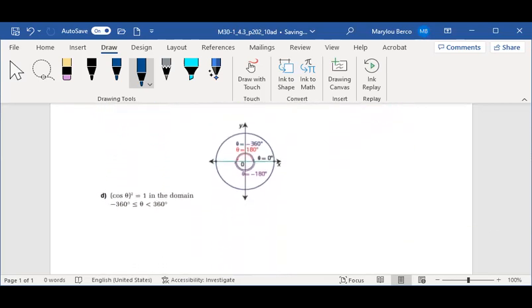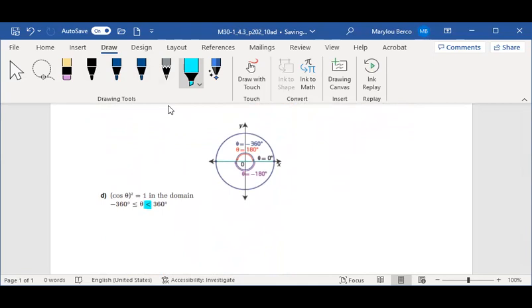Cosine theta squared equals 1 in the domain of negative 360 degrees is less than or equal to theta is less than 360. That's important, not less than or equal to.